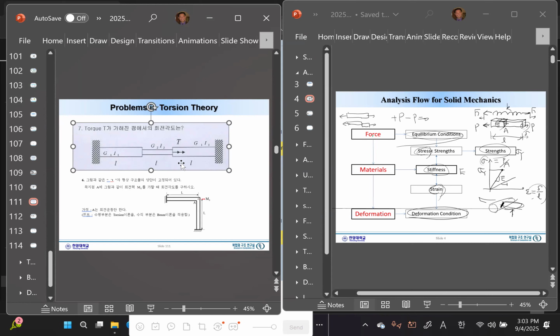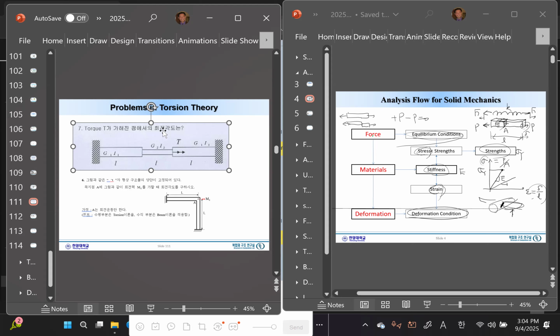Now I'd like to emphasize one more very important point. See, when you study certain subjects, even in solid mechanics or fluid mechanics, rather than just a mathematical description, now you should be able to define this problem from the real world. That's very important, that's the way you have to study.